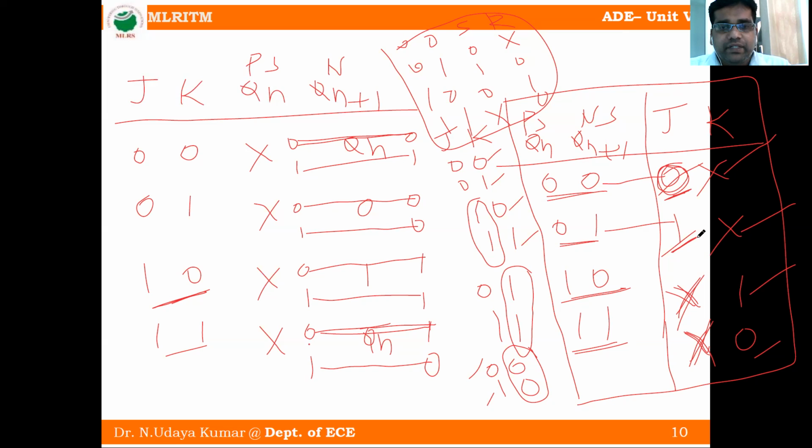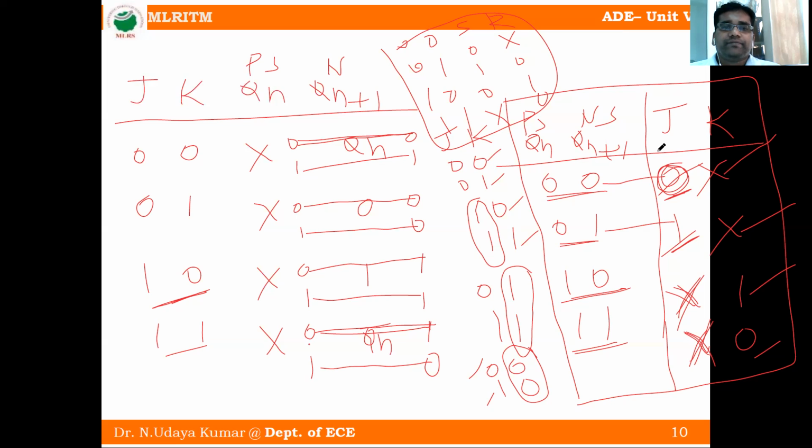Let us summarize what we discussed in this session. First, we talked about the JK flip-flop block diagram, and from the block diagram we derived the truth table. In the truth table, for 0 0 we get next state Qn, that is no change.